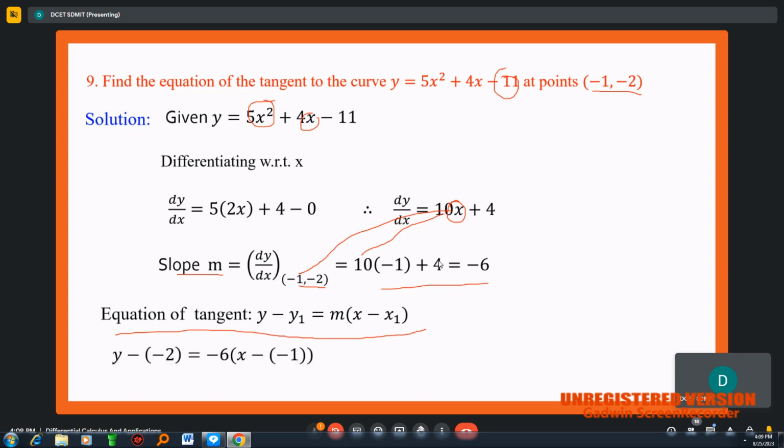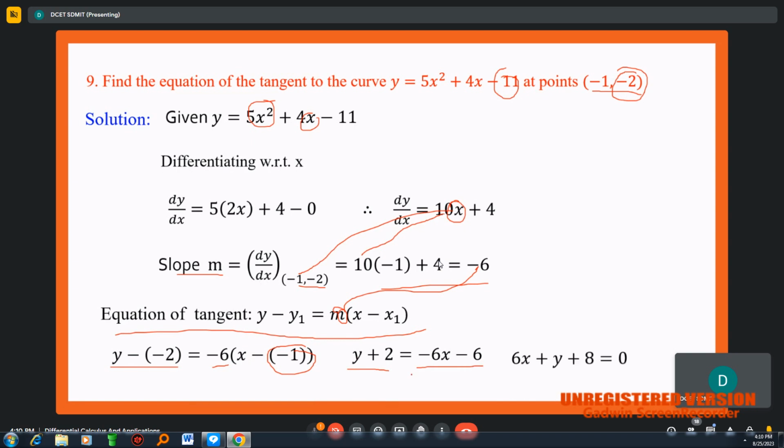Substituting, what is the value of y1? y1 is minus 2, so y minus of minus 2 equals m times x minus x1. What is the m value? m is minus 6, and x1 is minus 1. So y plus 2 is equal to minus 6 into x minus of minus 1, that is minus 6 into x is minus 6x, and minus 6 into plus 1 is minus 6.